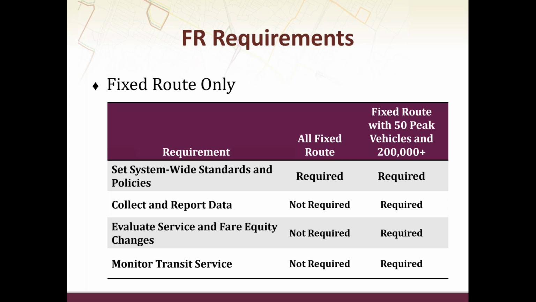You don't have to evaluate service and fare equity changes for major service changes and fare changes, and you don't have to monitor your transit service. It's important to note that just because you don't have to do those things, it doesn't excuse you from complying with Title VI. You obviously still have to comply with Title VI. You can't be discriminatory. But the only thing that you actually have to do is set system-wide standards and policies.